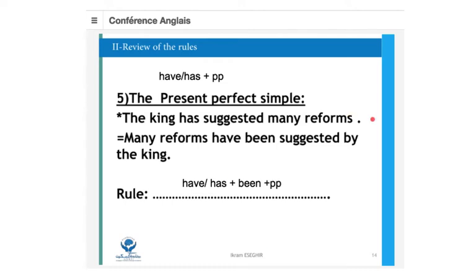So, if I say here, the king has suggested, which is a verb, has suggested what? Many reforms. الريفورم هما الإصلاحات. So the king has suggested many reforms. I change the sentence into the passive, so I start with many reforms. It's plural, so I choose have, okay, plus been, plus past participle of the verb. So I say many reforms have been suggested by the king.